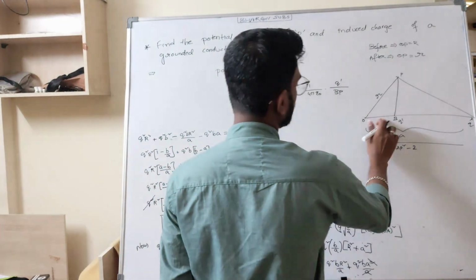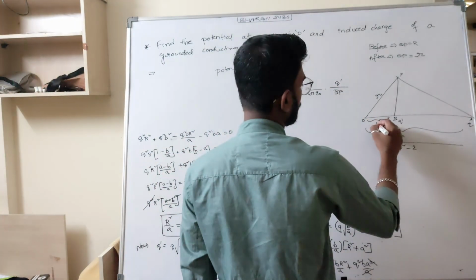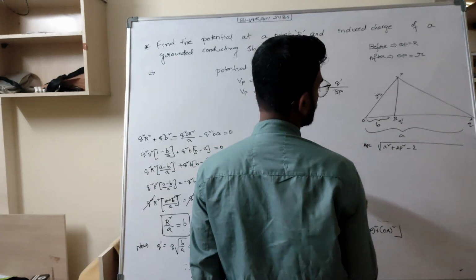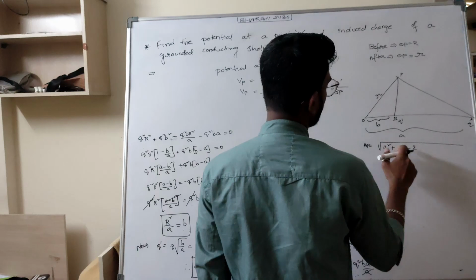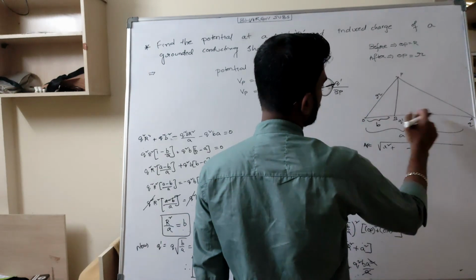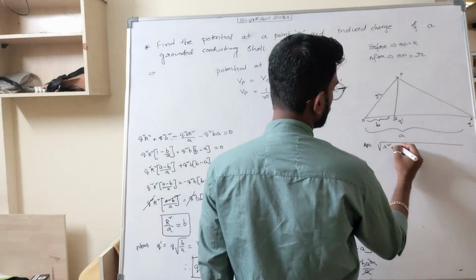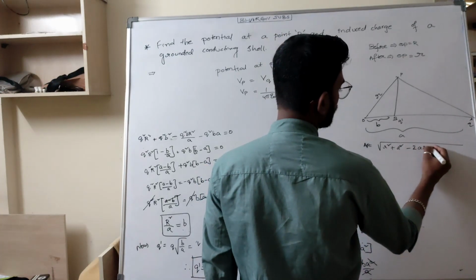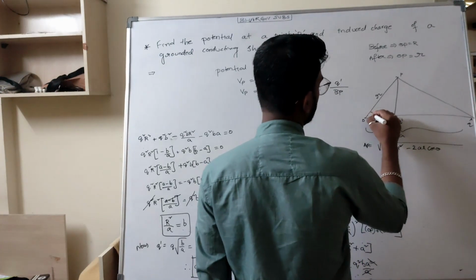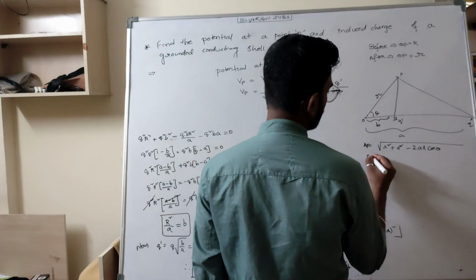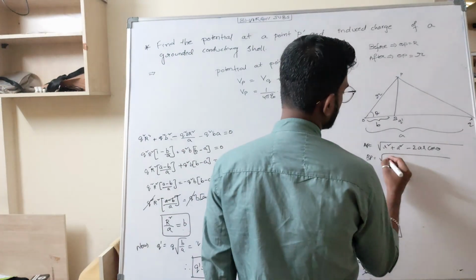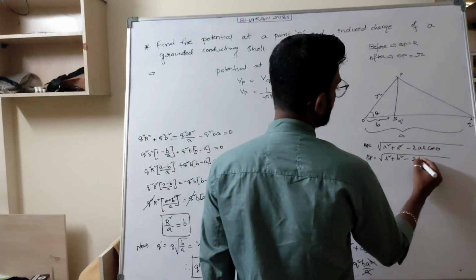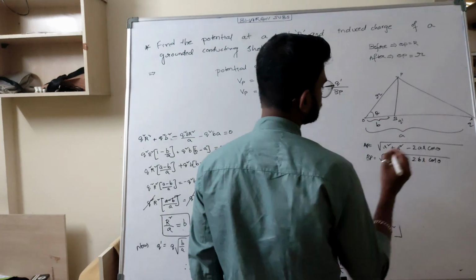This was A and this was B. Now applying the cosine rule, what is AP? Root over r square plus OA square, OA square means a square, minus 2 a r cos theta. Here the angle was theta. Same here, BP is equal to root over r square plus b square minus 2 b r cos theta.